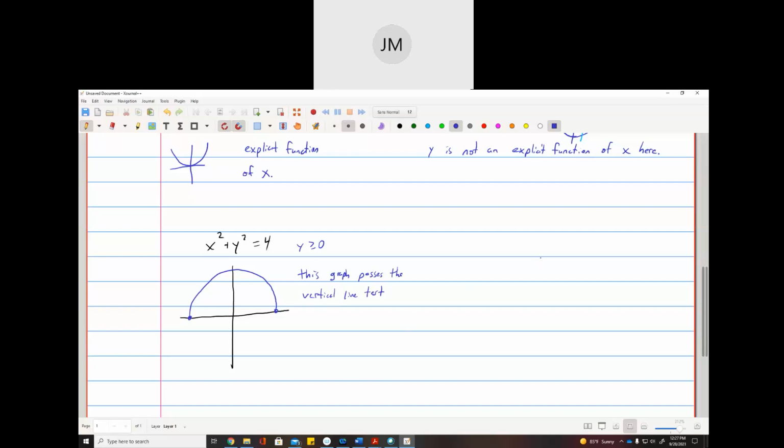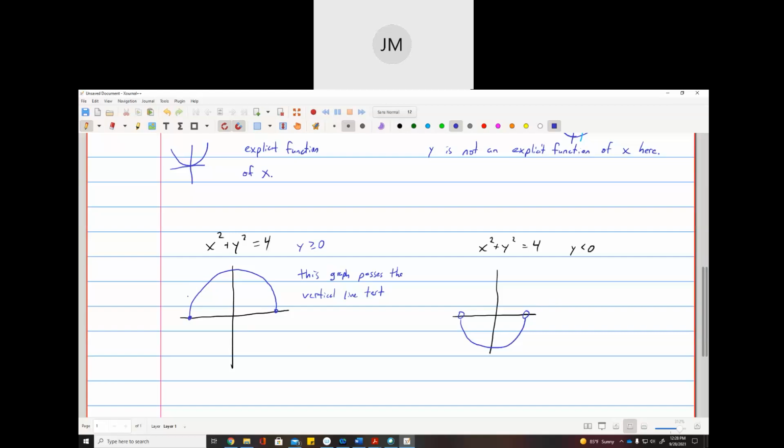Okay. And then if I also draw x squared plus y squared equals 4, where y is strictly less than 0, okay, then this one also passes the vertical line test. And so what I have is a graph where I need 2 different functions to make up the graph, but if I break it into 2 functions, then they're both functions, and I can do calculus.